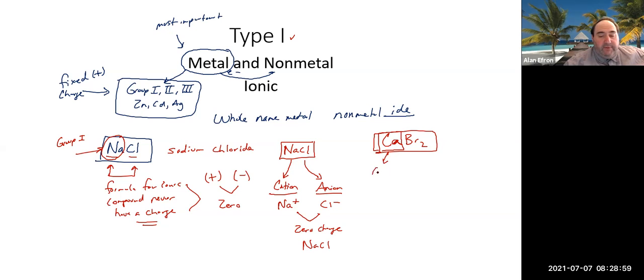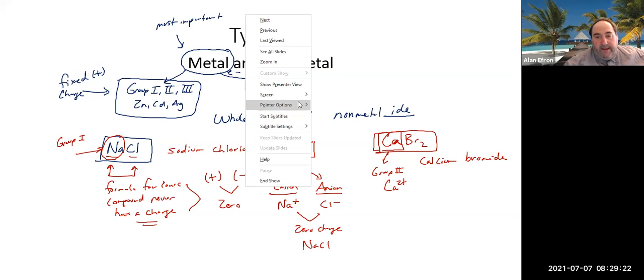Calcium is group 2, which means it does have a fixed +2 charge. And basically all we need to know at that point to name it is that we would use the whole name of it, which would be calcium. Bromine would become bromide, with -ide at the end of it, and this would be calcium bromide.